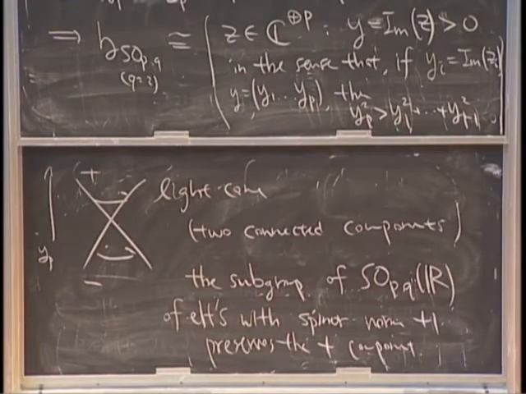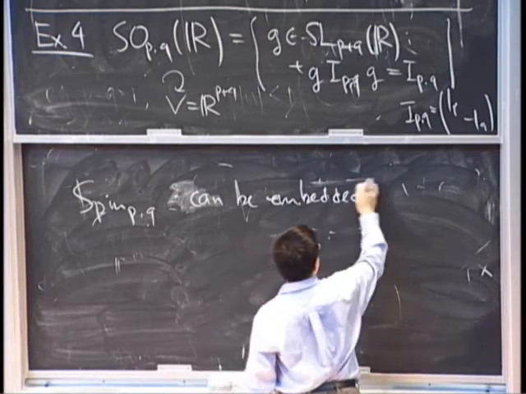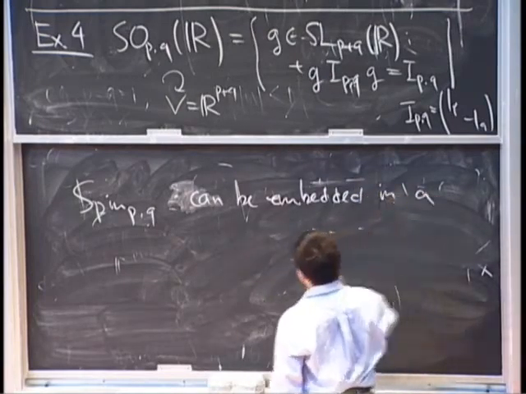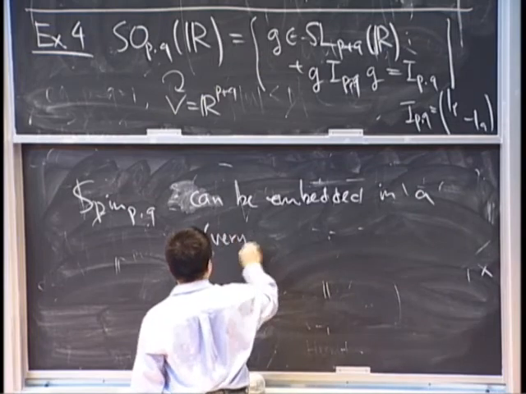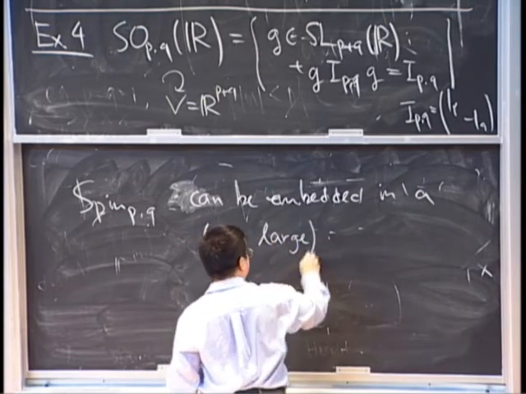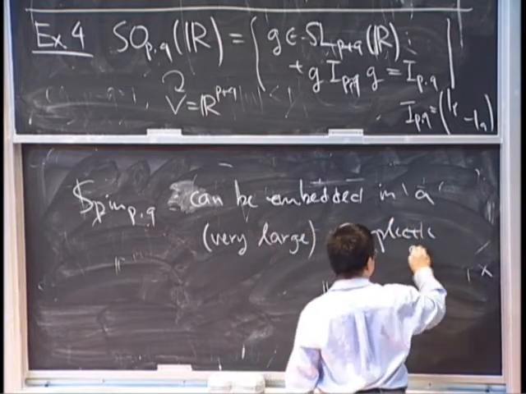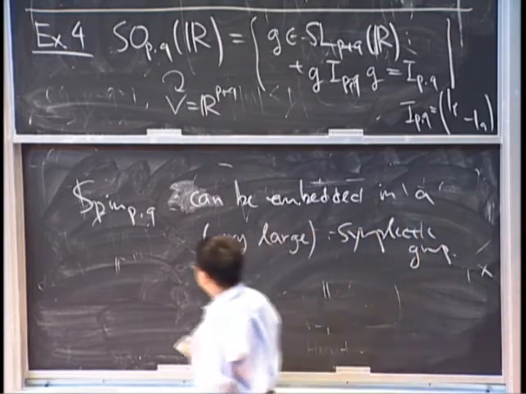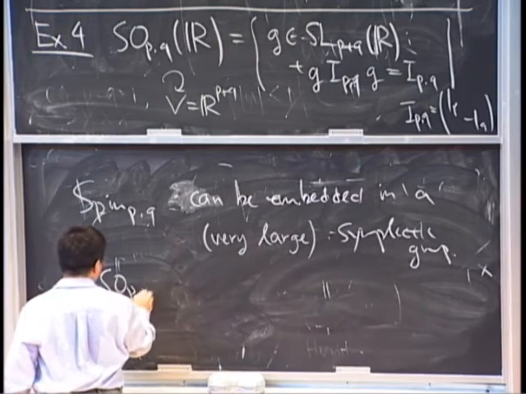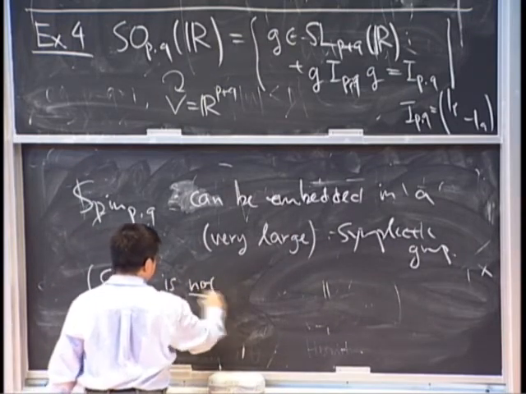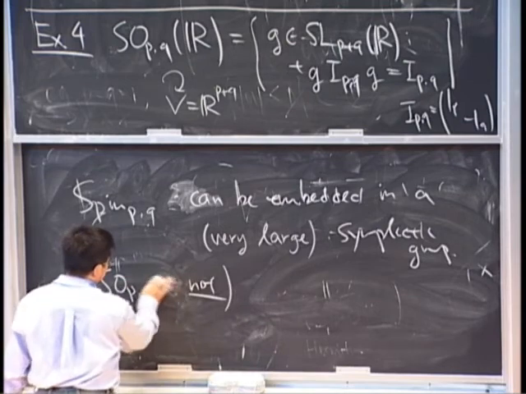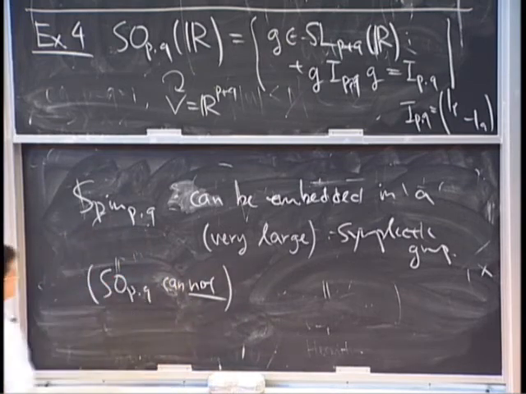This spin(p,q,r) can be embedded in, I'm not going to give you the precise number, but usually a very large, 2 to some power symplectic group. And this SO cannot. So this is a subtle difference.